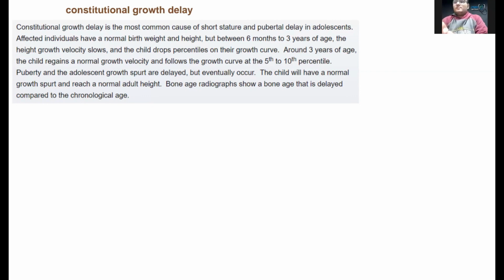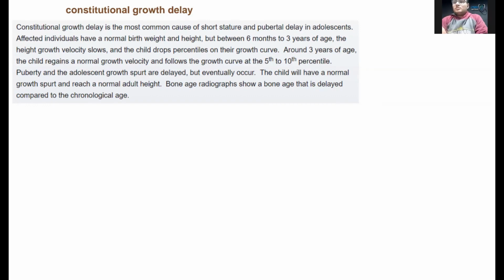The child presents with short stature sometimes, and the growth spurt is delayed, and the parents are worried that the child is not having normal growth. But a very important point: you have to reassure the parents that eventually this child will attain normal height and a normal growth spurt. So this is temporary, starting from 6 months up to 3 years of age.